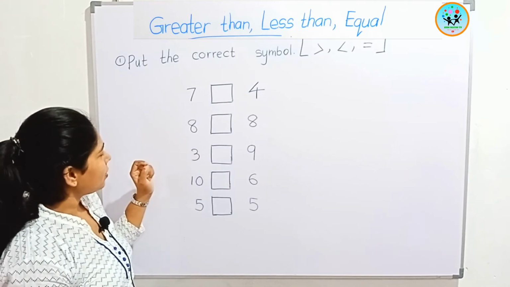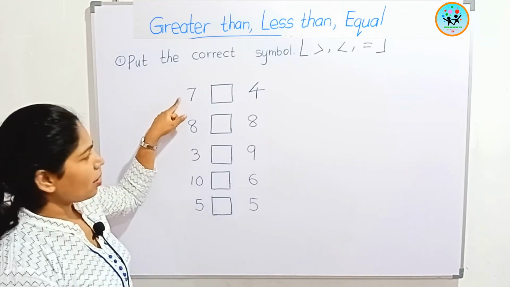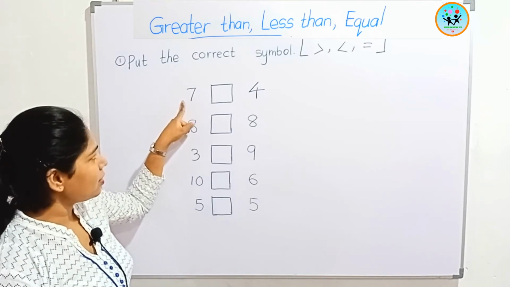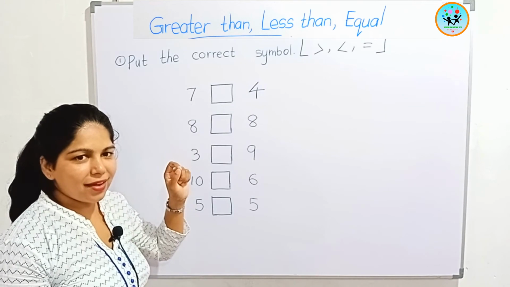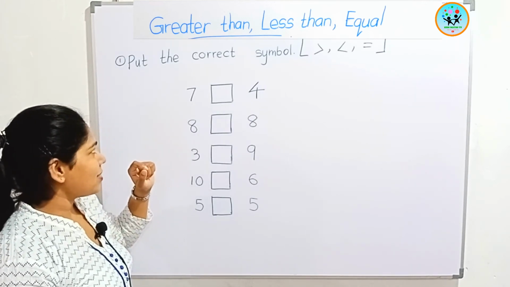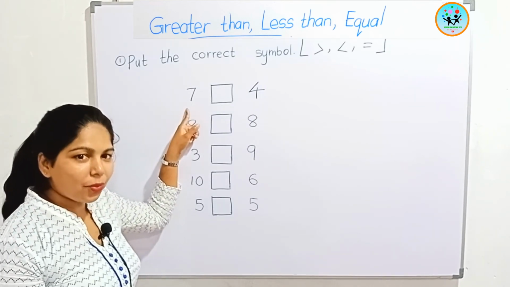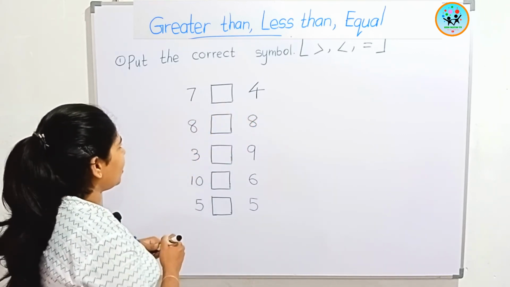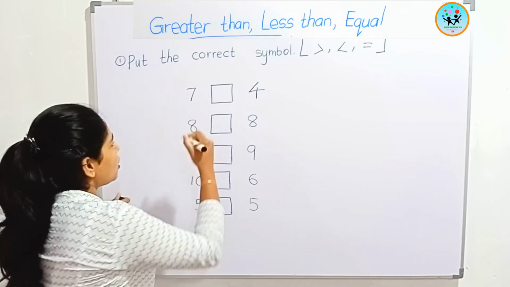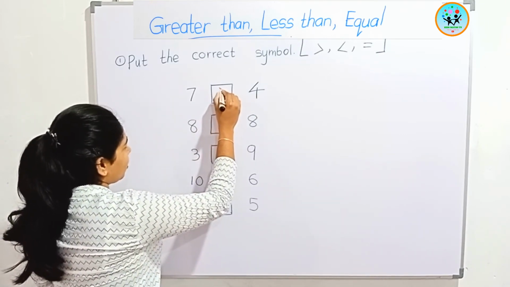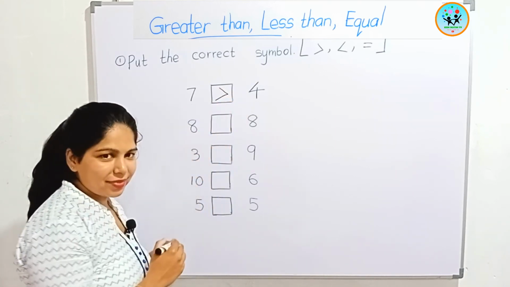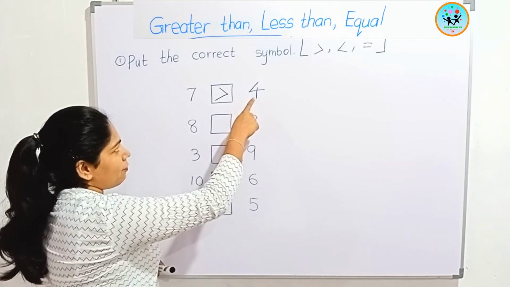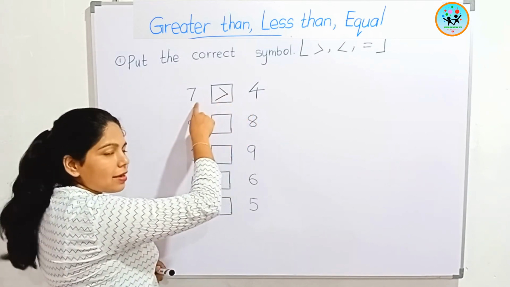Here, tell me students, which number is greater, either 7 or 4? Yes, number 7 is greater than number 4. Open mouth of the symbol should be placed towards greater number, like this. Yes, it's correct. On the other hand, we can say 4 is less than 7.